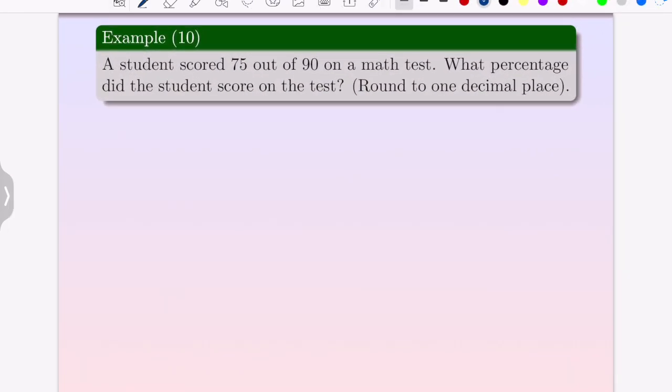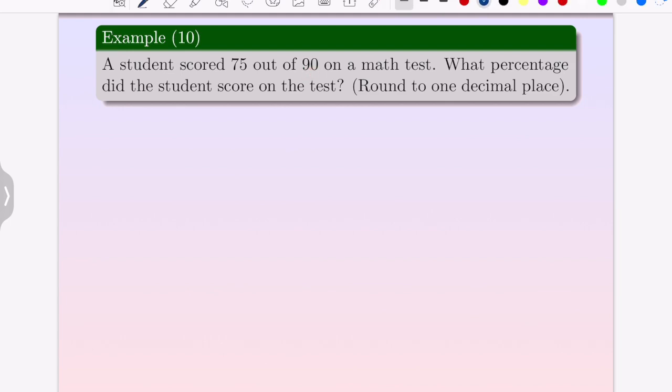A student scored 75 out of 90 on a math test. What percentage did the student score on the test? Round to one decimal place. I think everyone intuitively knows that what we need to do is 75 out of 90.